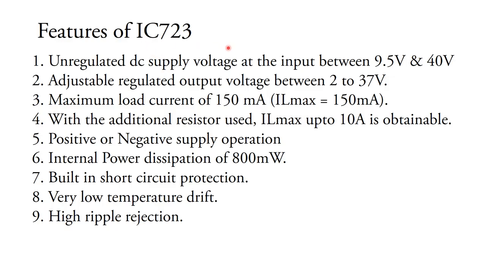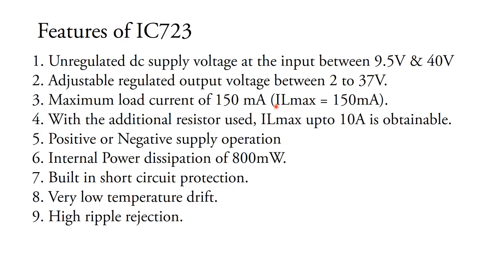The major features are unregulated DC supply voltage at the input between 9.5 volt and 40 volt. That is, the requirement of the input voltage is 9.5 volt to 40 volt. Adjustable regulated output voltage is 2 volt to 37 volt.